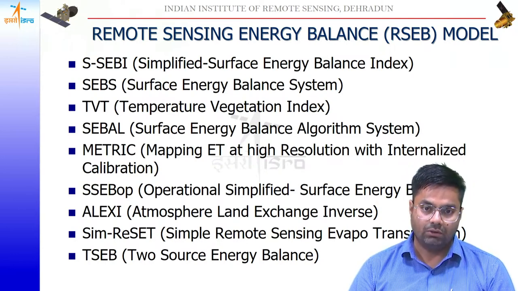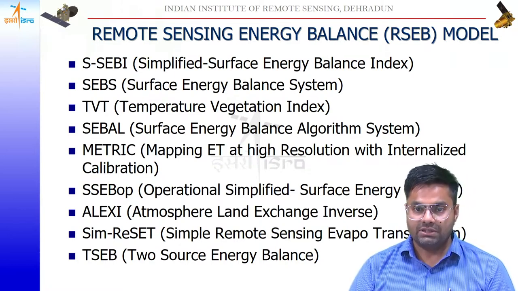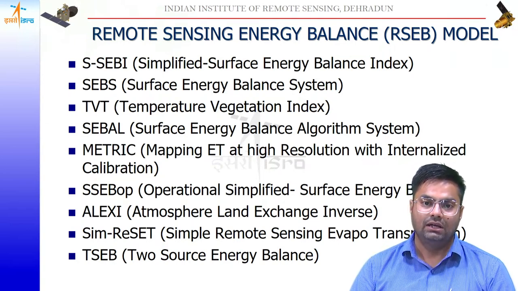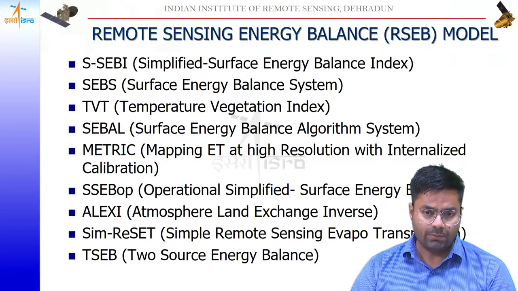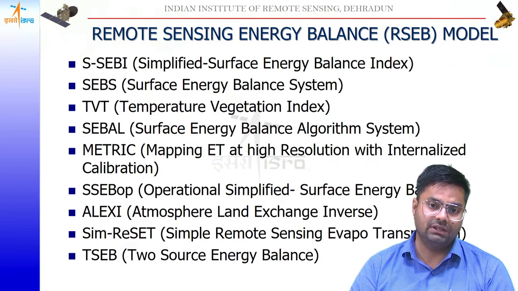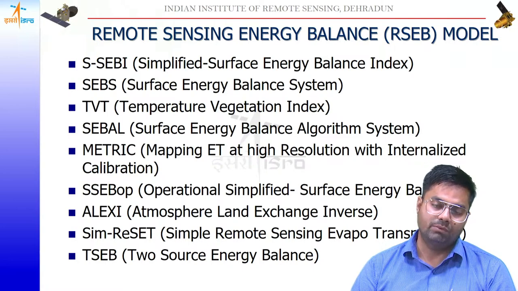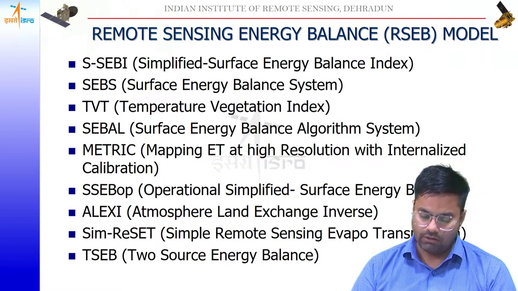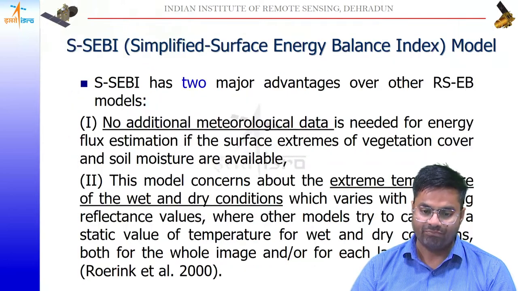The hot pixel has the lowest or minimal evapotranspiration, while the cold pixel has the highest rate of evapotranspiration because of its low LST. So that difference on the land surface temperature scale defines the precise estimation of anchor pixels, which is ultimately used to define hot and cold pixels, and based on physics based equations we can further compute the instantaneous evapotranspiration. How we compute that, we will discuss later one by one on the next slides.